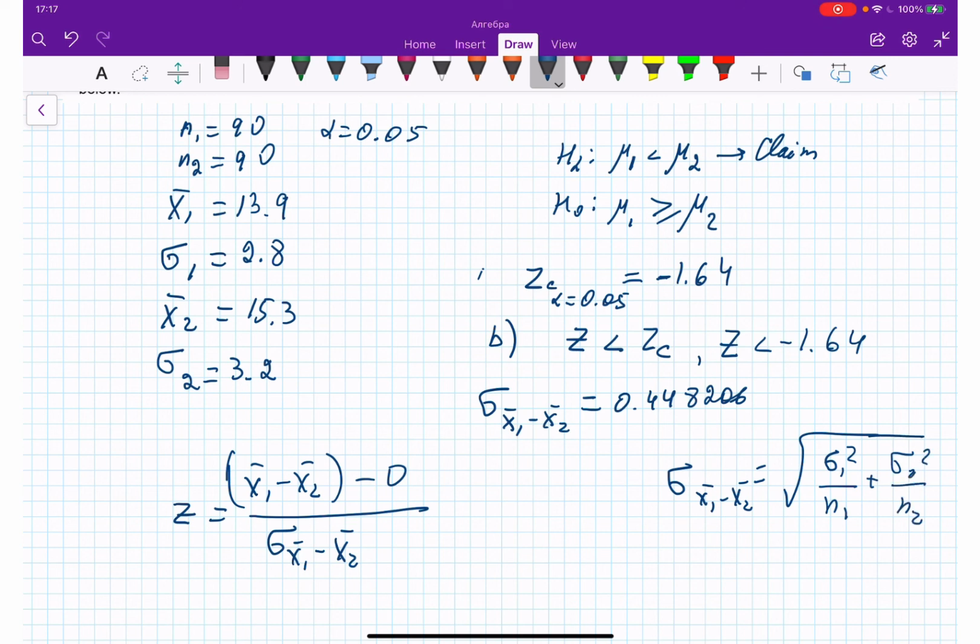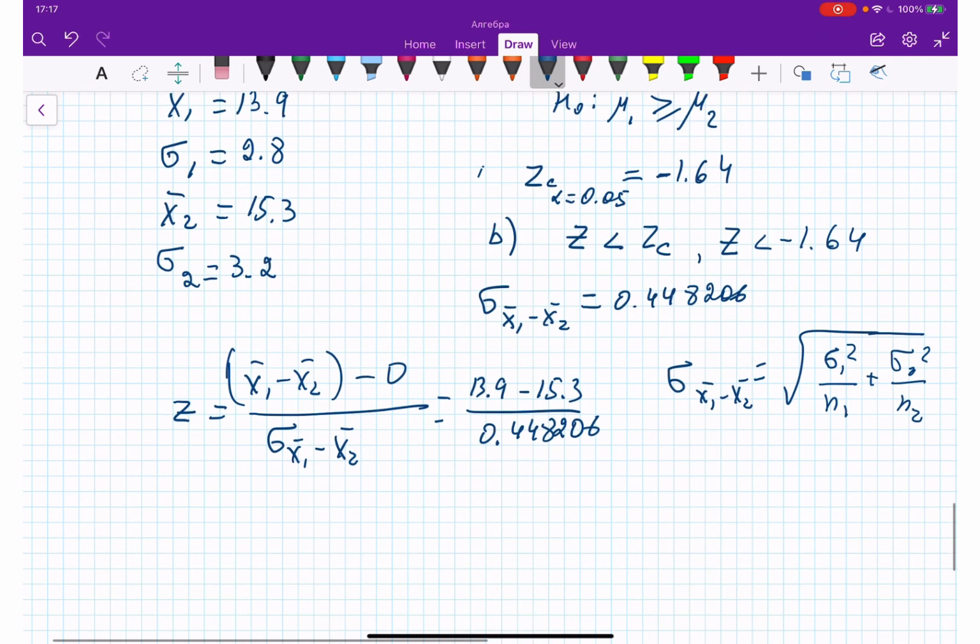Once I plug it in, it's x1 is 13.9 minus 15.3 divided by 0.448206, and my standardized test statistic is going to be negative 2.77.